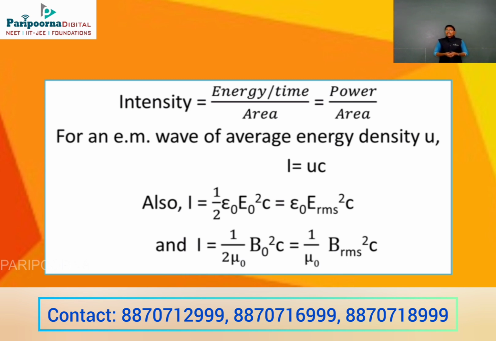So we can write I equal to half epsilon naught E naught square c, which for the electric field is epsilon naught E RMS square c. Likewise for the magnetic field, I equal to 1 by 2 mu naught into B naught square into c, that is 1 divided by mu naught B RMS square c. This is the average energy density of the magnetic field.